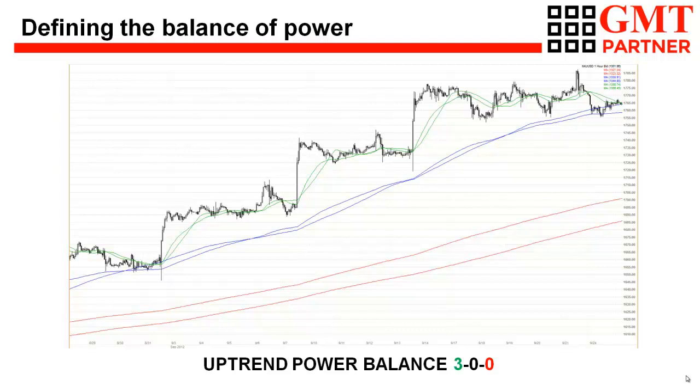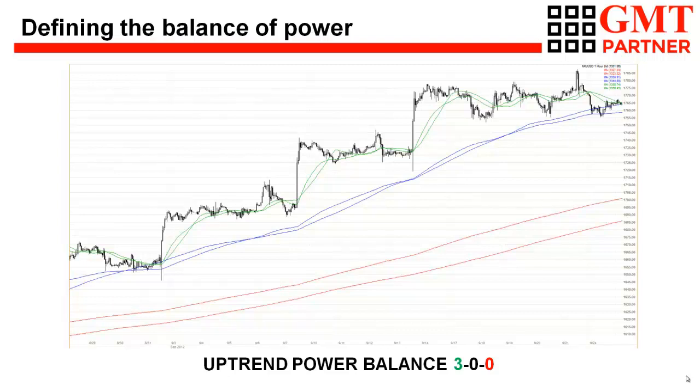What is the balance of power of market participants in the case of a strong uptrend or downtrend? In what manner should the points be awarded? Let's start with the situation when the market is in a state of well-defined uptrend. In this case, 3 points out of 3 possible should be credited to the bulls.